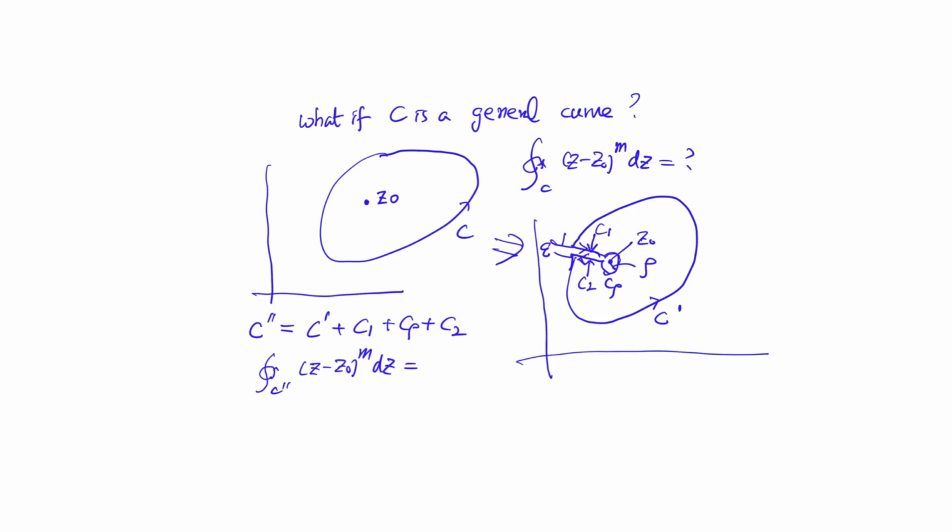Now, this point is outside of this circle C prime, right? C prime is composed of this C prime, C1, C0, and C2. C double prime is. Then this C naught is outside, right?